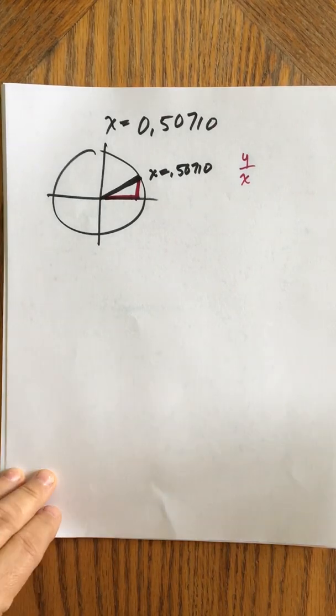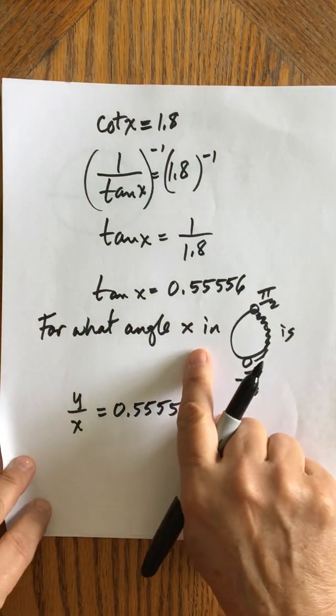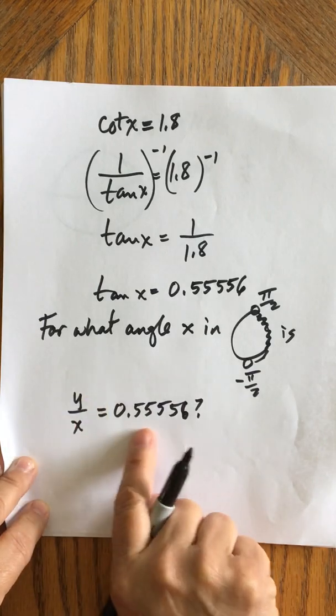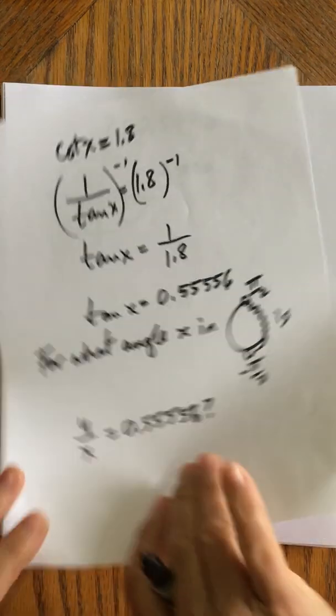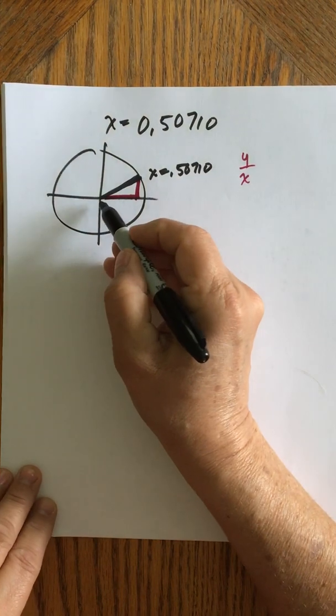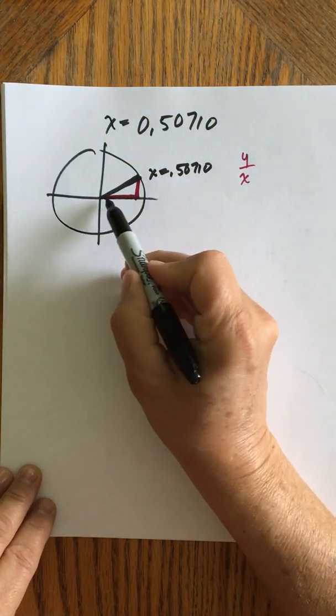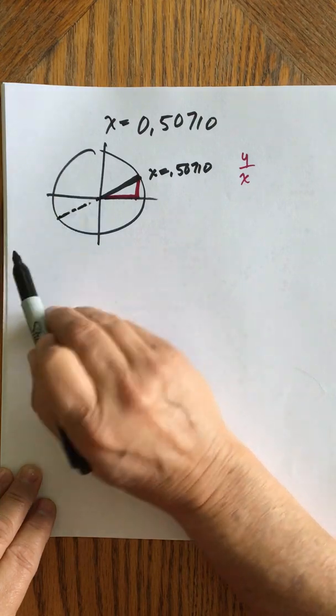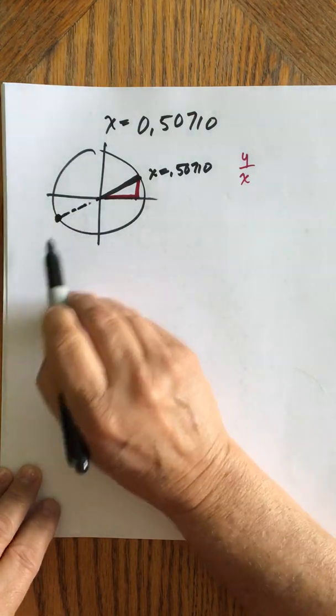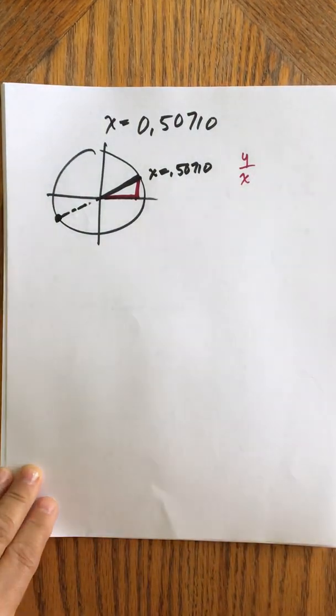So my question then is, for what other angle is it true that the ratio y over x is also 0.55556? So that would be true if you went here where they were both negative, right, movements, or if you just kind of continued this right there. So that would be my other answer.